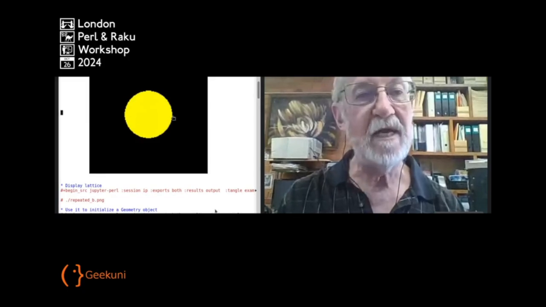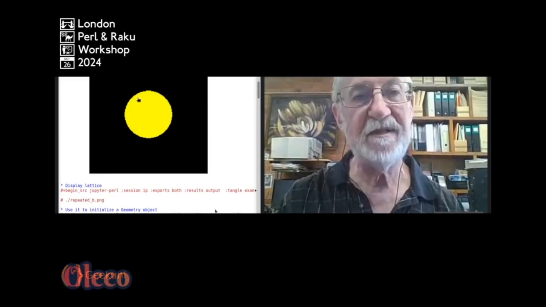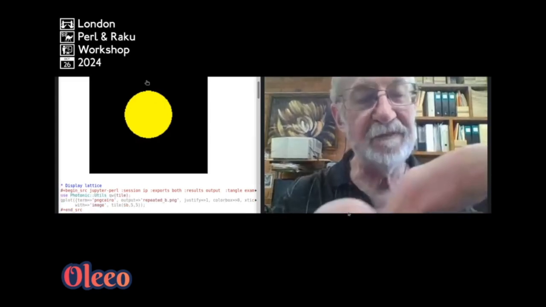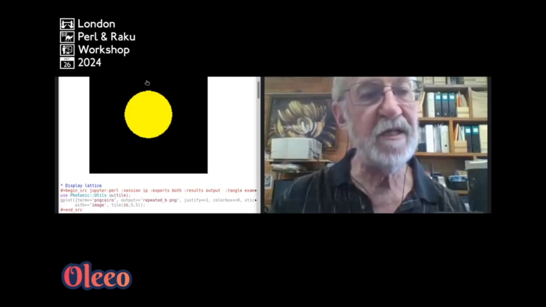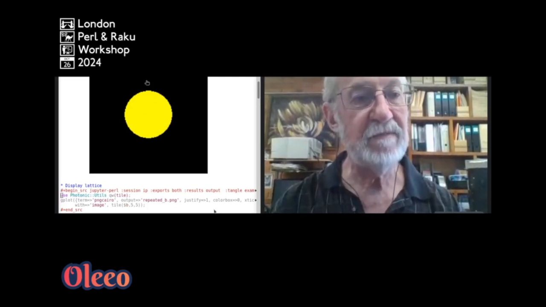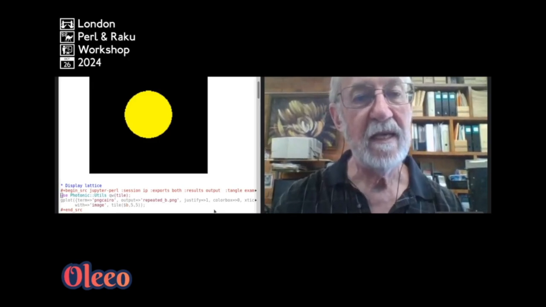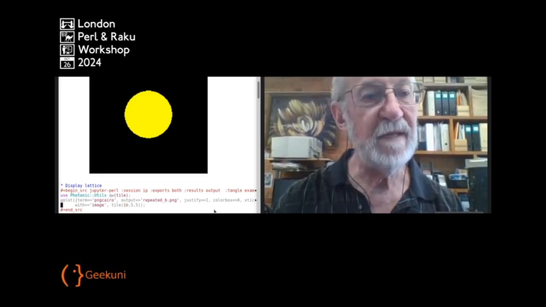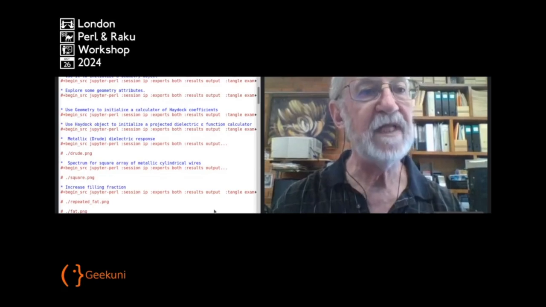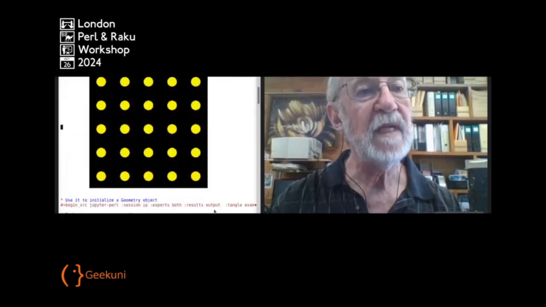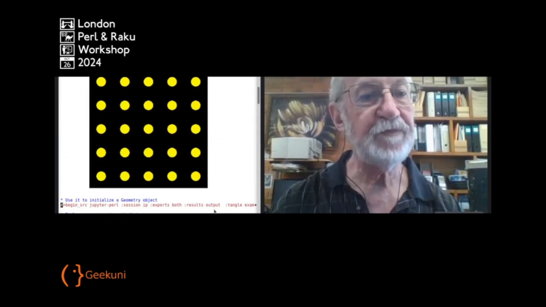So in this case, I'm producing a circle. This is a pixelated circle within, say, vacuum. If I put many of these unit cells together, then I can get a crystal, an artificial crystal. And this is the metamaterial. So this will be a picture of my metamaterial.